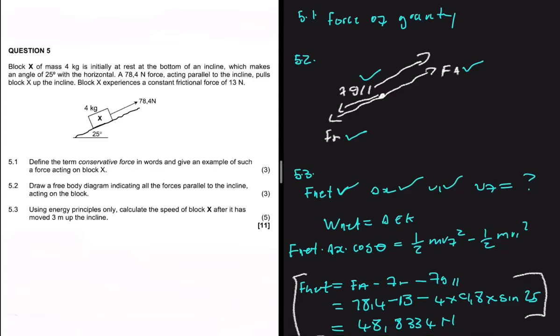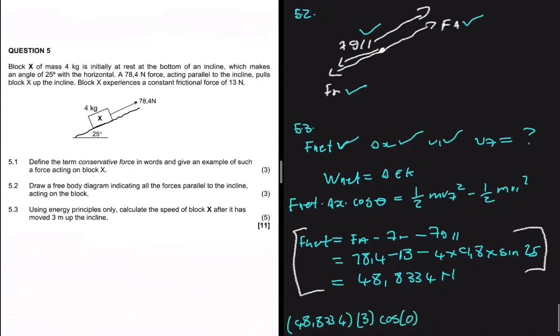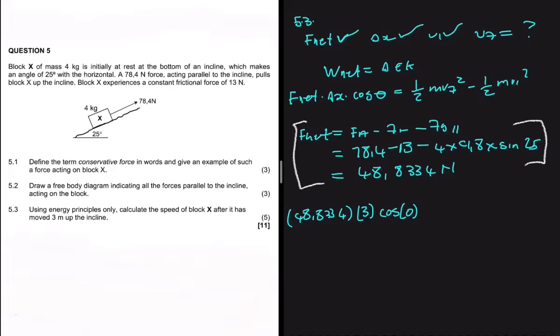So the angle between F net and our displacement is 0, right? And that should all be equal to a half, the mass is 4 kg, times Vf squared, minus a half of 4 kg times the initial velocity, and we're coming from rest, right? So that should be 0. We square that, and now we just need to solve for Vf squared.